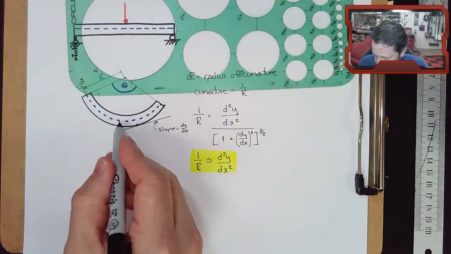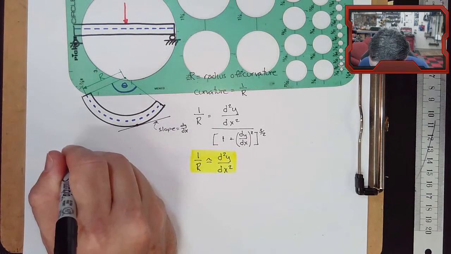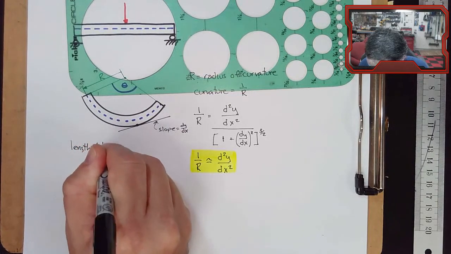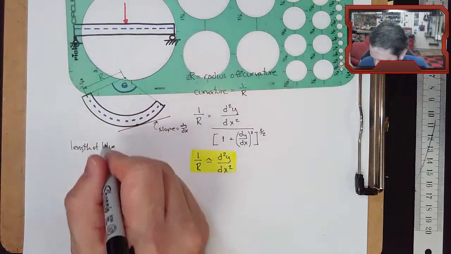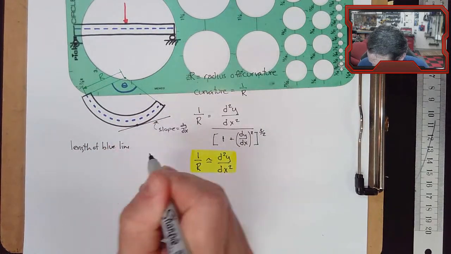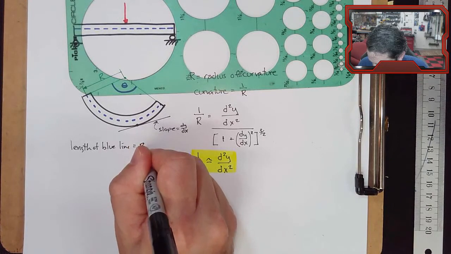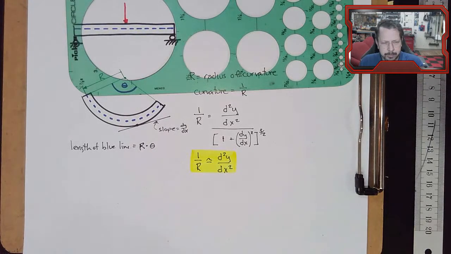We'll call it the blue line right now. It's the length of the neutral axis through the length of the beam. The length of that blue line is r, well, I used a capital R, didn't I? R times theta. So that's just an arc length, that's all that is.